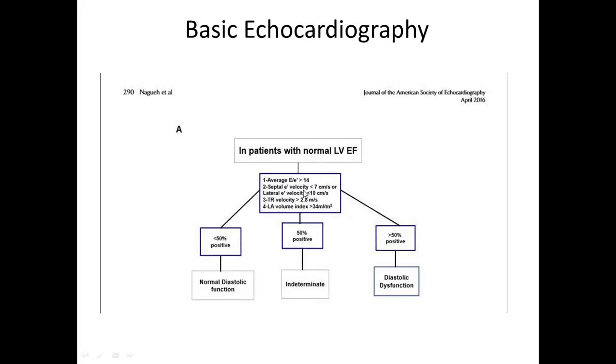The lateral, less than 10. TR velocity, more than 2.8 meters per second. And left atrial volume index, greater than 34 mLs per meter squared. For you to make a diagnosis of diastolic dysfunction, you need 3 of these variables to be abnormal. Then you have diastolic dysfunction.